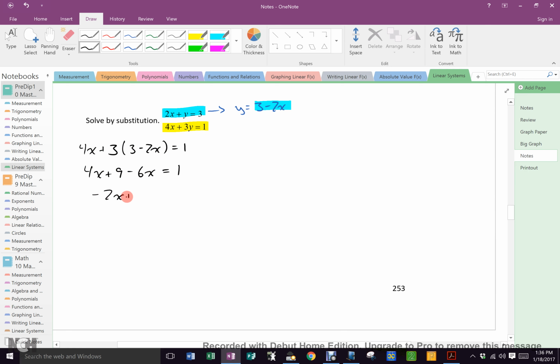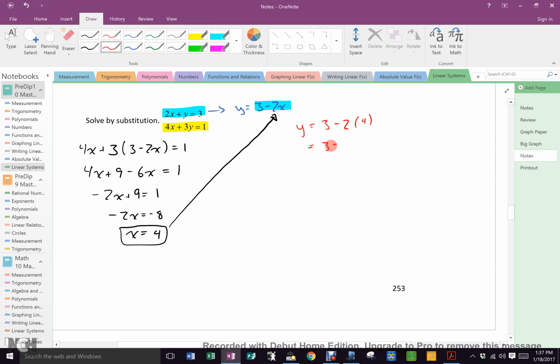Negative 2x plus 9 equals 1. Negative 2x equals negative 8. X equals 4. What do I get to do with that? Y equals 3 minus 2x. What? 4. 3 minus 8, negative 5.